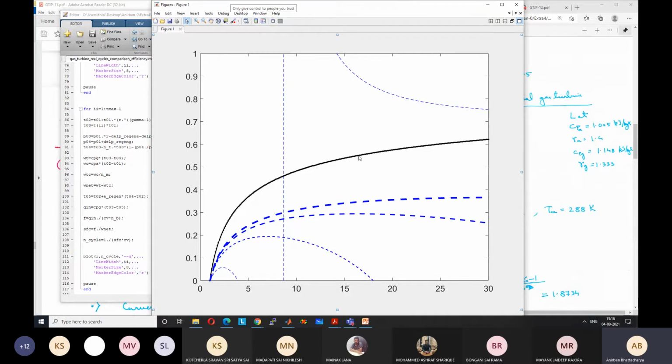Unlike the ideal cycle, where you can keep on increasing and the efficiency will go on increasing, in this case it will not happen. The turbine work output will not be able to compensate for the increasing losses in the compressor, because in the turbine also there will be a large amount of losses with increasing pressure ratio.